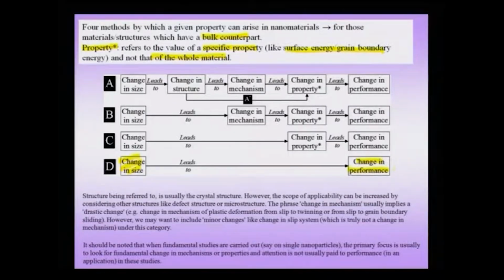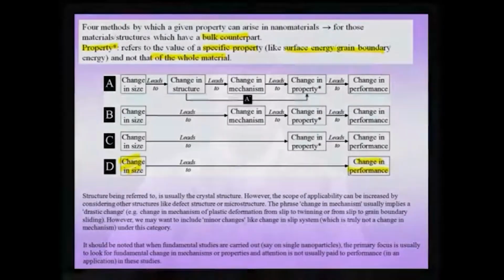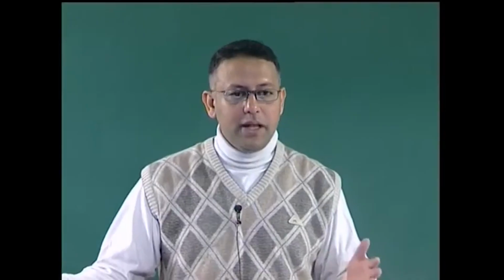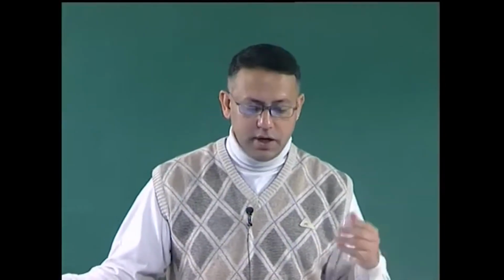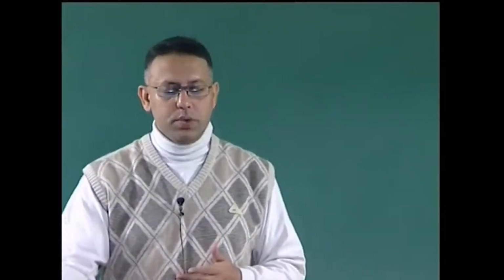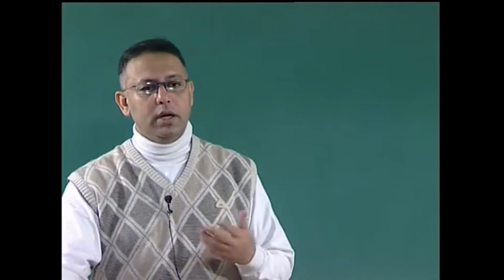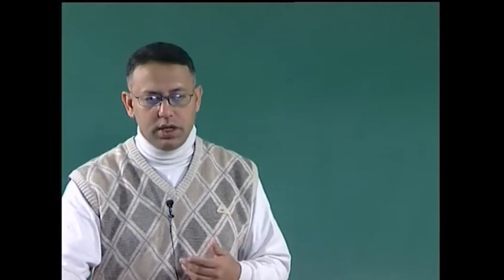A simple way to understand this is that suppose I have a material and I keep dividing the material into smaller and smaller pieces as we had considered, we see that the surface area is going to increase, and for now assuming that the surface energy per unit area is not changing much, in spite of the fact that there is no change in the specific property, we see that the overall amount of gases that such a surface can absorb is going to increase, and therefore, you will have a change in performance.